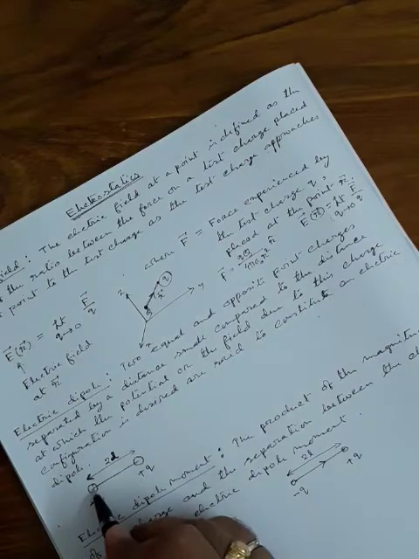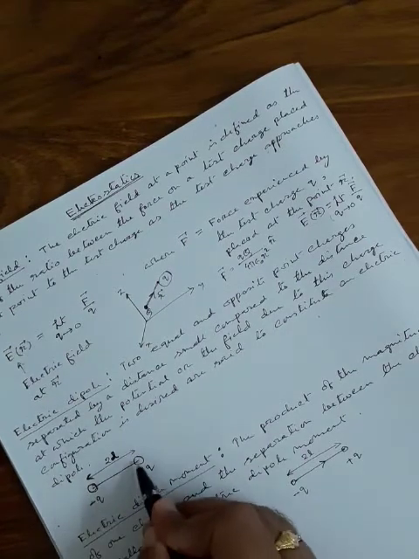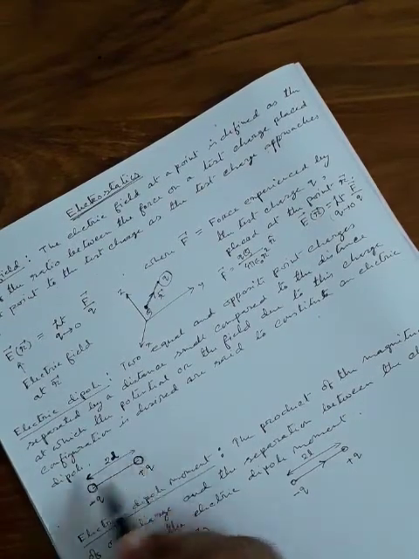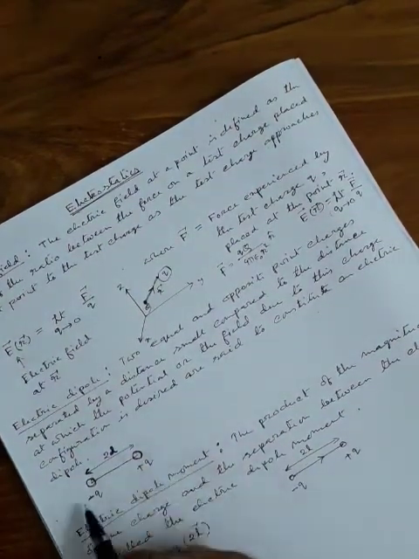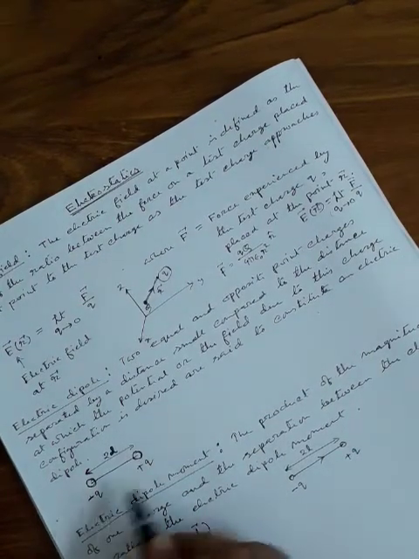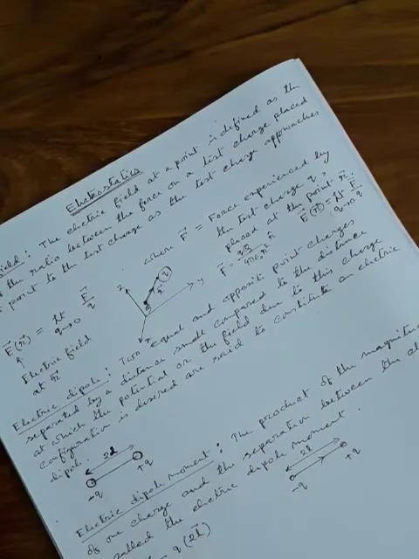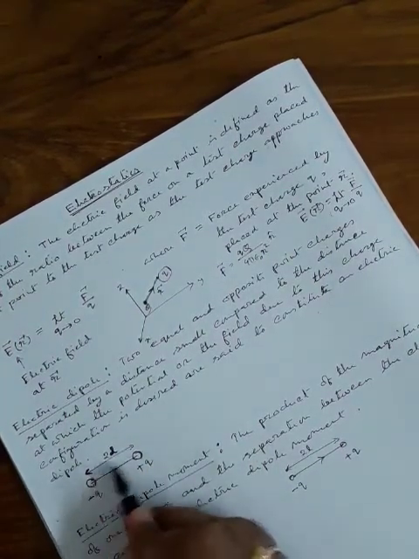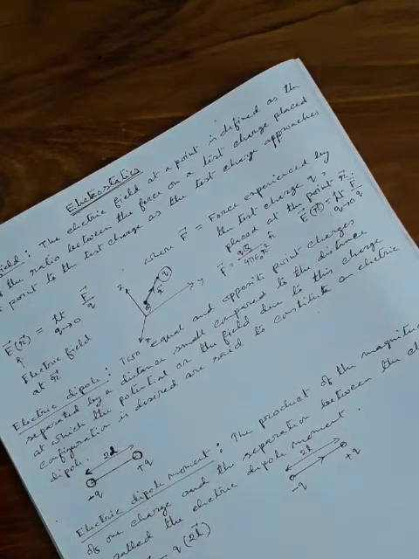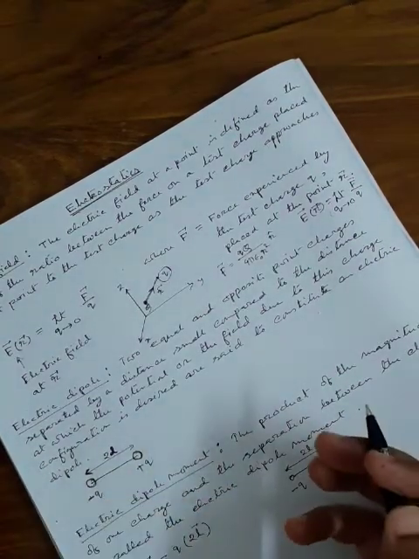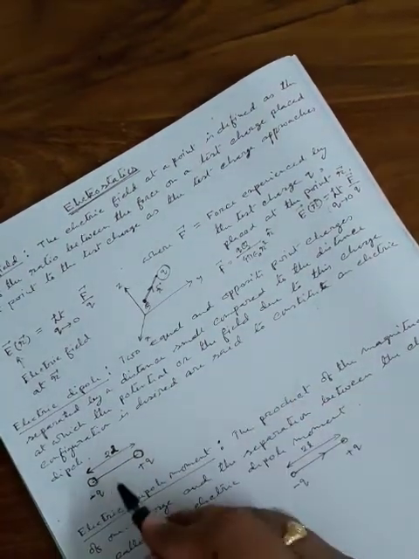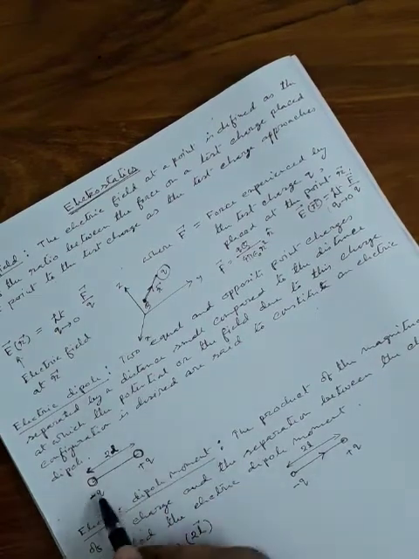Here, two point charges, one is minus q and second is plus q. Both are equal but opposite in sign, and they are separated by a distance 2l, and this system of two charges is called an electric dipole.